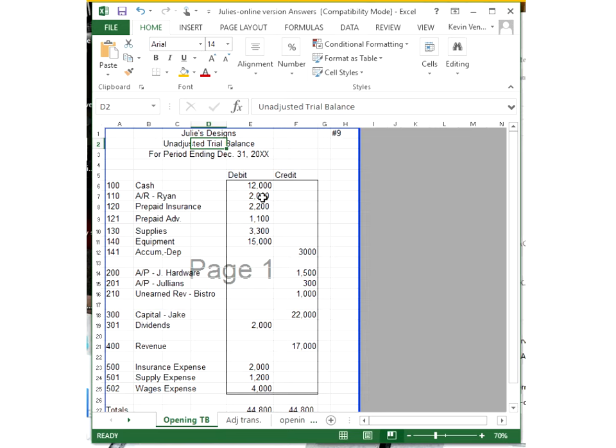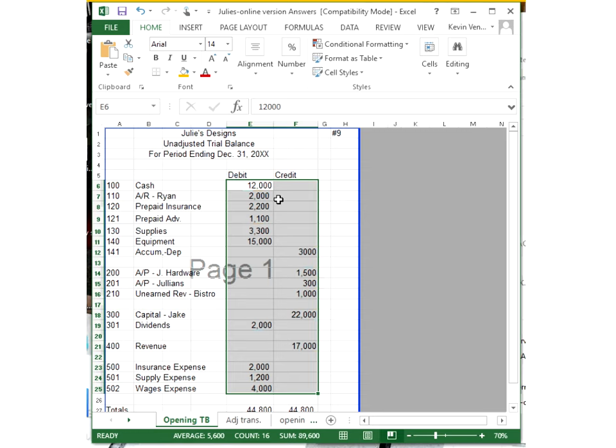So what you're going to want to do is step back, get out a T account sheet, and make a T account for each one of these accounts that you see listed, and I'll show you mine in just a second. At some point here, pause the video and jot these down into T accounts.